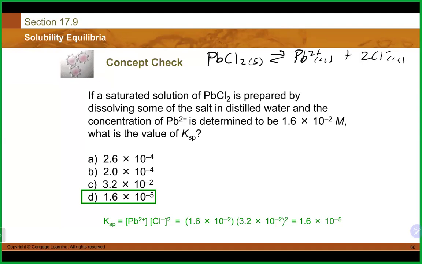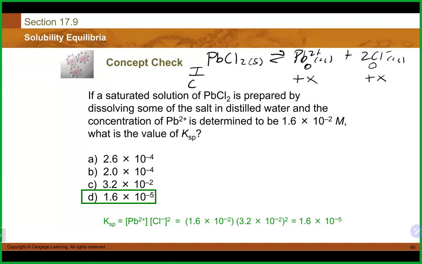We would actually do our ice table like normal. Initially, we're not even going to worry about the solid because it's a solid, it's not included. We have 0 of this guy and 0 of this guy. The change here would normally be minuses on the left-hand side, but this would then be plus. I'll use X here, but when you get to 1B, they'll use S, which stands for molar solubility.